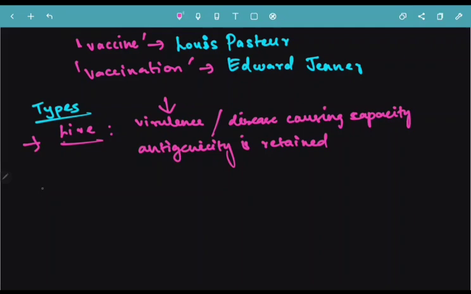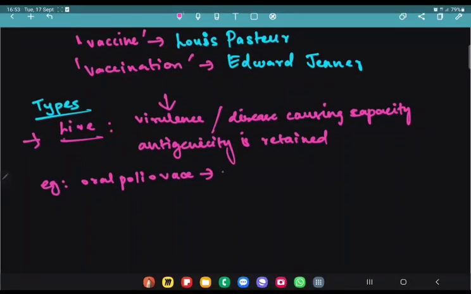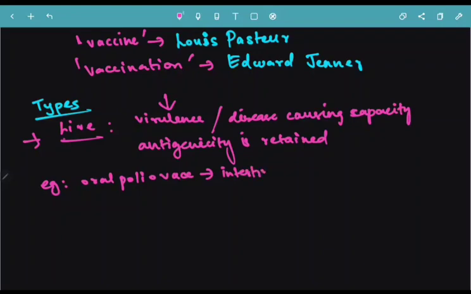In oral polio vaccine, the intestinal mucosa is going to be invaded, and it's a good example of vaccines engaging certain tissues of the body. There may be other mechanisms such as persistence of latent virus. So this is all about live vaccine.